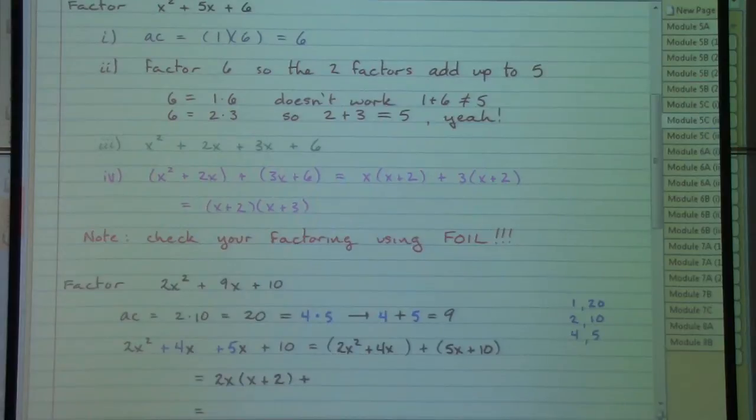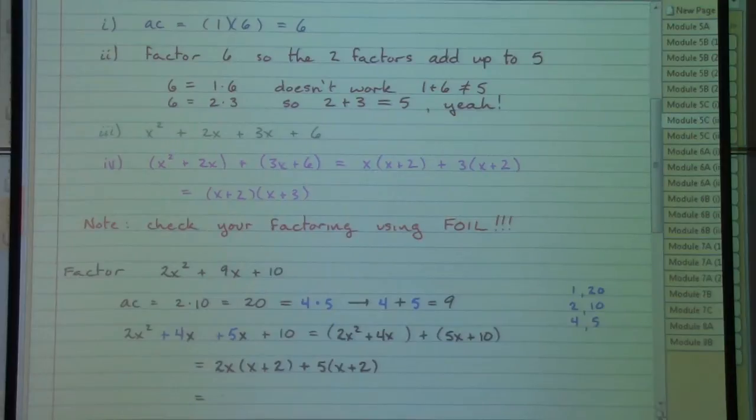From the other pair of parentheses, we can break off a 5, and that will leave us with an x plus 2. So in our final answer, we should have the x plus 2 as half of our answer, and then the other half of our answer would come from covering up the x plus 2 and seeing a 2x plus 5.